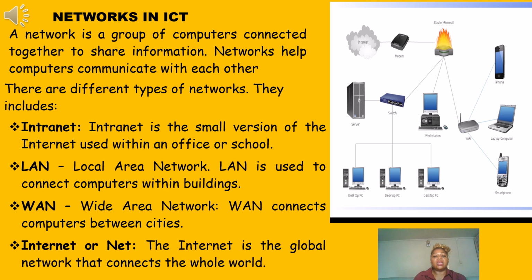The third one is WAN, which means wide area network. WAN connects computers between cities. The fourth one is the internet or net. The internet is the global network that connects the whole world.